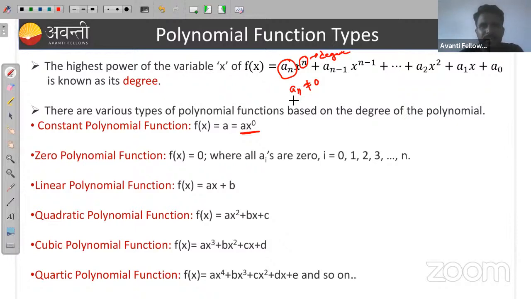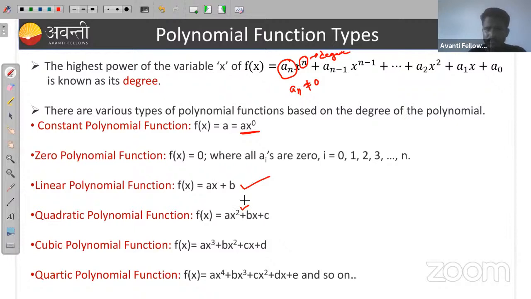Okay. Next is the linear polynomial function. Whenever we talk about a linear function, it means a polynomial function with maximum degree 1. That is ax plus b. Please do remember this: the quadratic polynomial function is ax square plus bx plus c, because the highest degree will be 2.